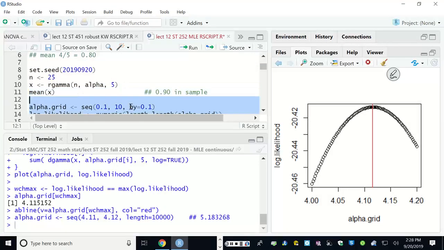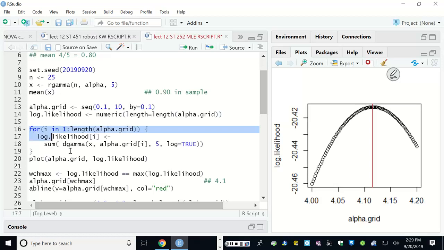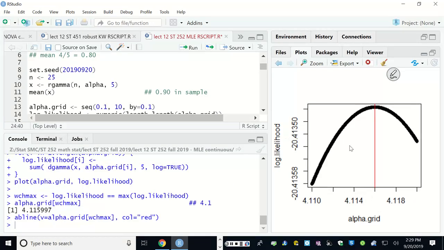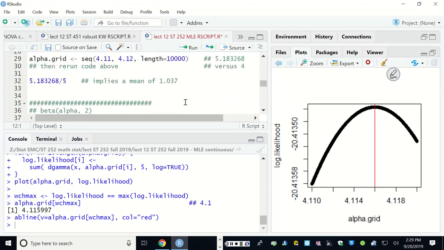Okay, we'll make this bigger so I can grab it easily. And now it's very dense, and it tells me my maximum occurs down here at 4.116, basically, 5997. And so that's very precise in terms of that value of alpha.